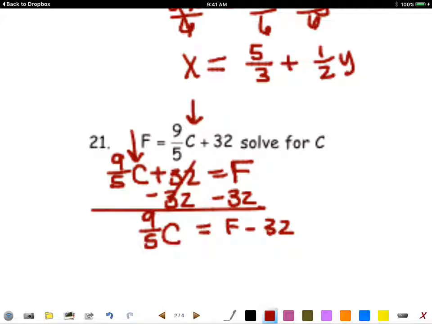Multiply by 5 over 9. What are we doing with 5 over 9? Multiplying it by 9 over 5. Multiply by 5/9. Now, how do we do this on the other side?